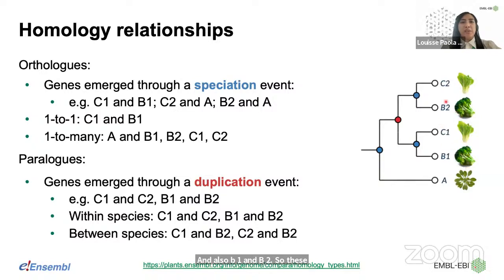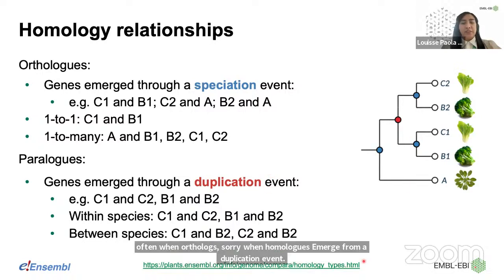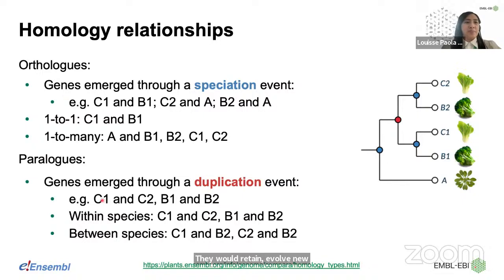B1 and B2 are paralogs, and C1 and C2 are paralogs, and these have emerged through a duplication event. Often, when paralogs emerge from a duplication event, they evolve new functions.